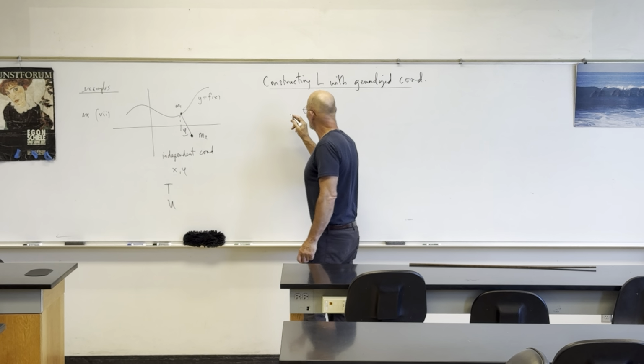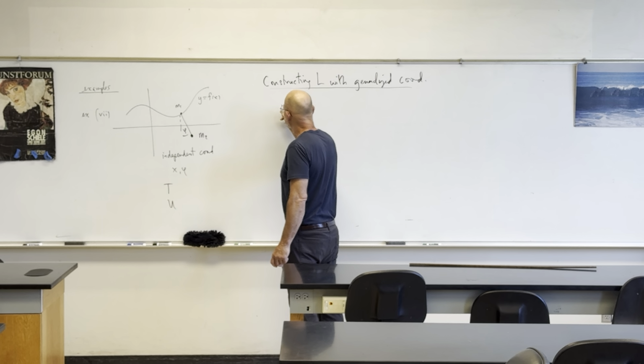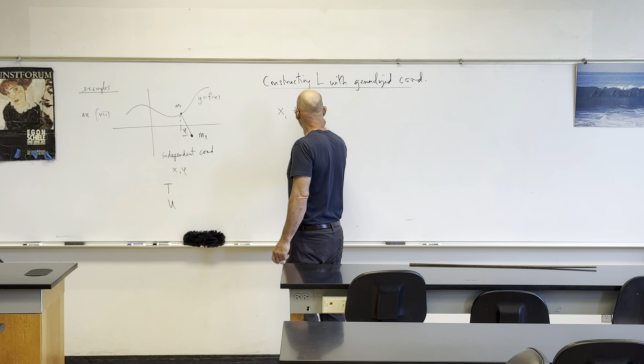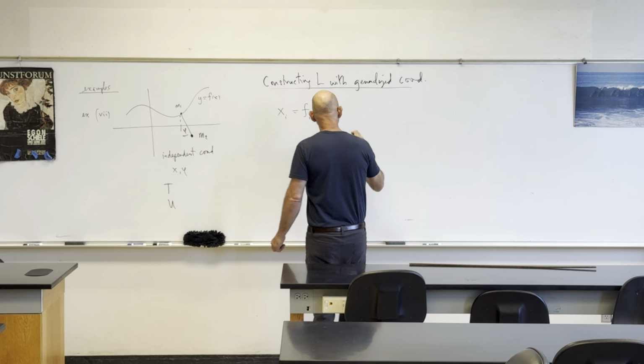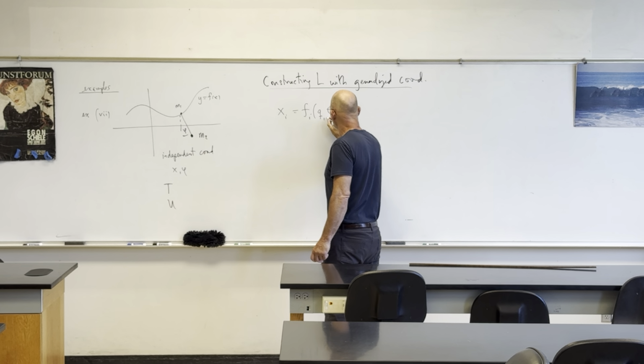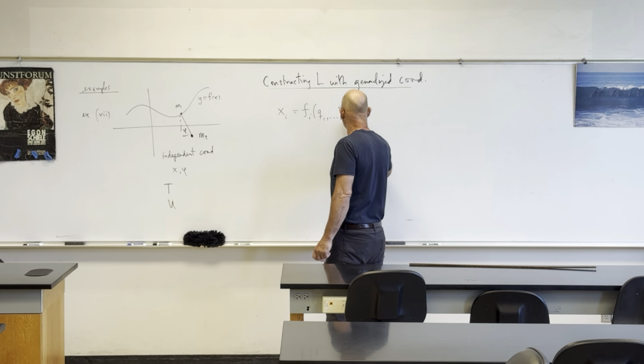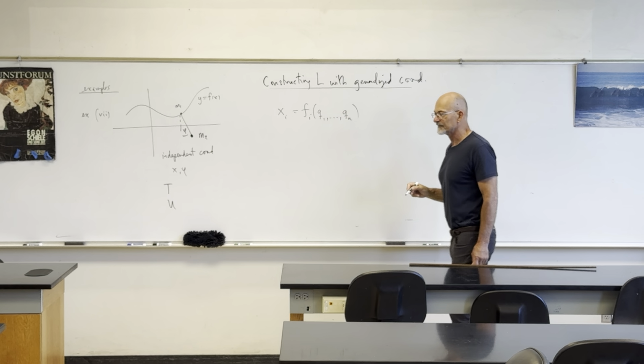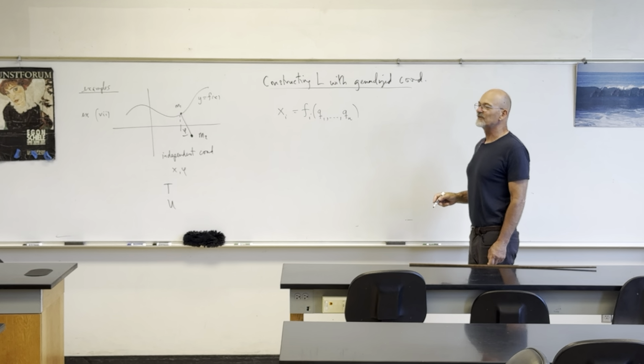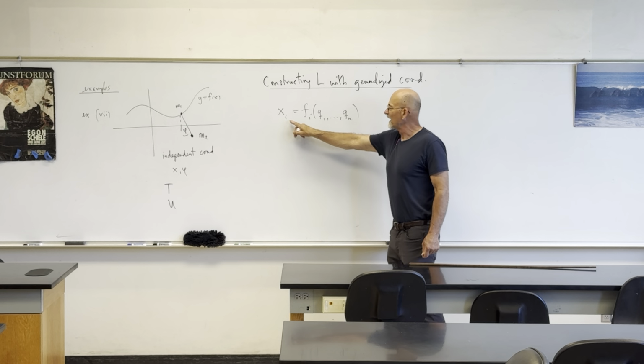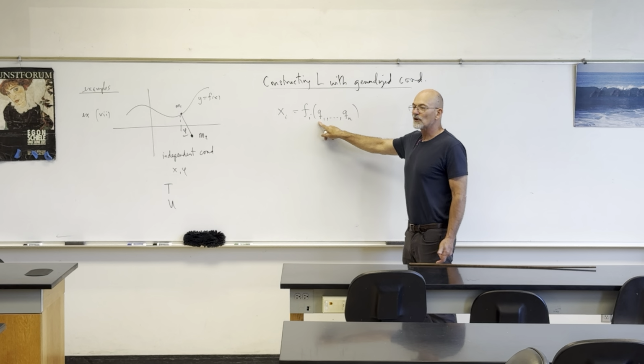This gives the general form. We're going to imagine we have a Cartesian coordinate, x sub i, and it's f sub i of q1 through qn. For example, plane polar coordinates, x was r cos phi, right?